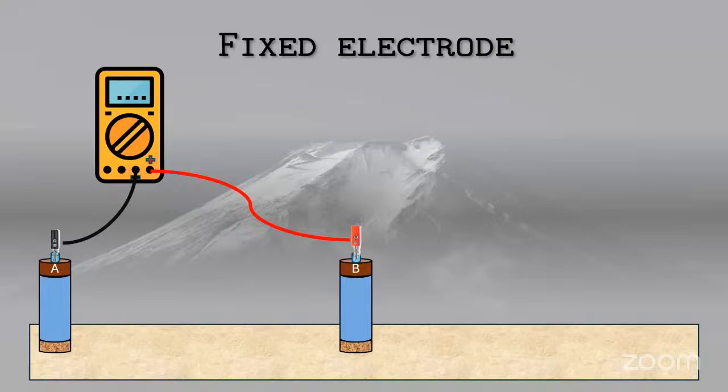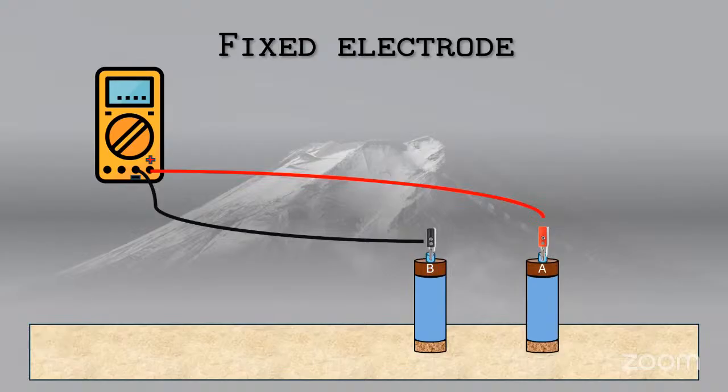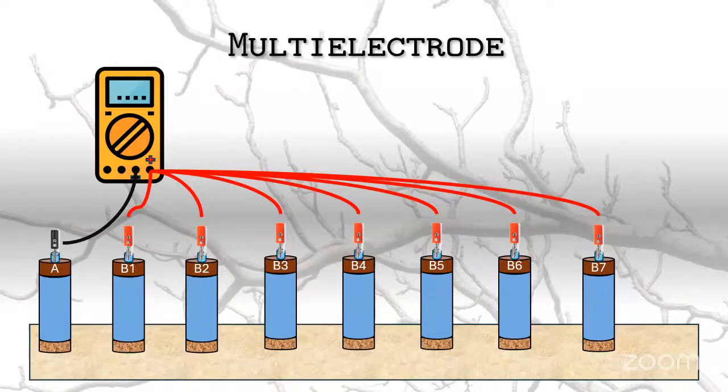And B will move at a constant distance from its previous position. If we reach the end of the cable and need to continue, we change the electrodes. In other words, the mobile becomes fixed and the fixed becomes mobile. The multi-electrode array consists of measuring the potential difference between a negative base and multiple positive electrodes.